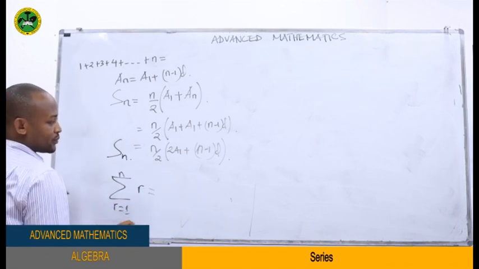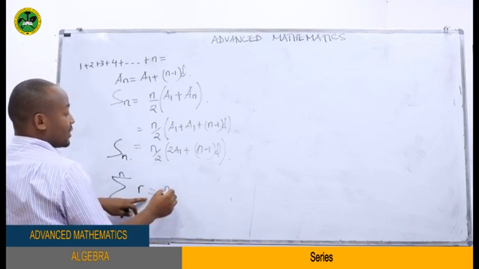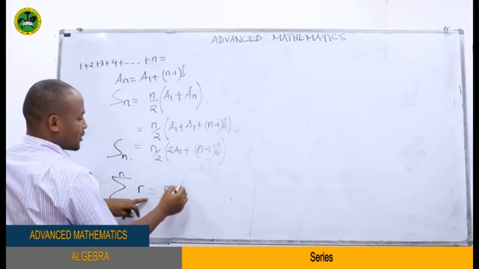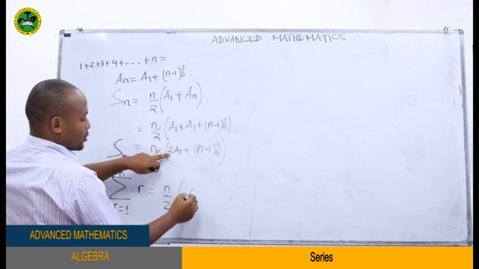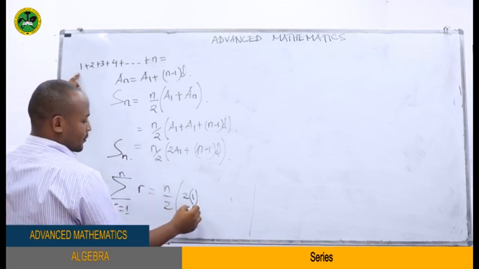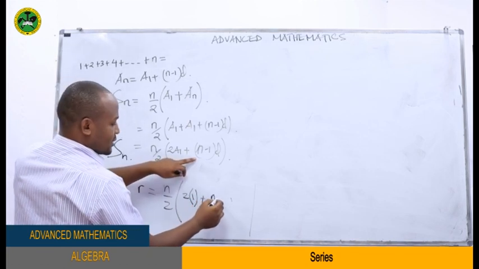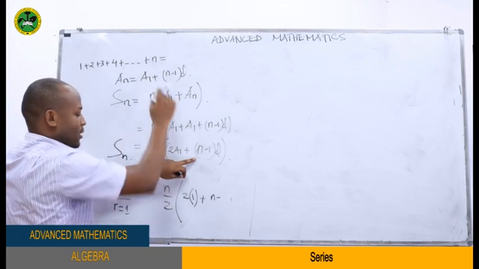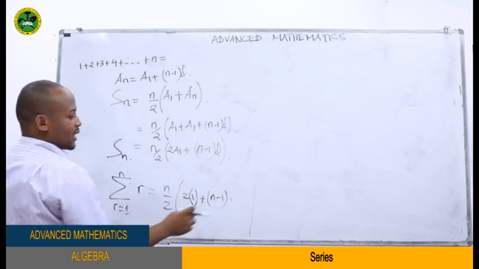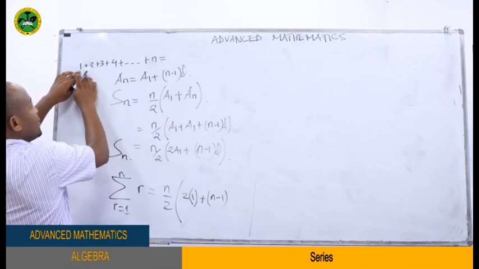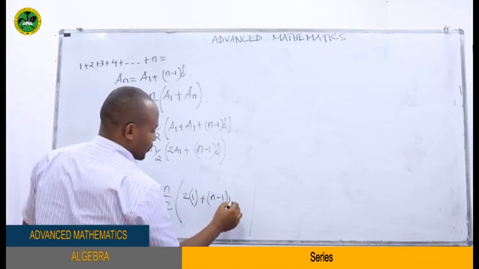It equals what? Now I will use this formula here. The last term is n, then over 2, then we have 2 times the first term plus n, but we don't know the position of that n, times the difference between the two consecutive terms. Then 2 minus 1 is 1.